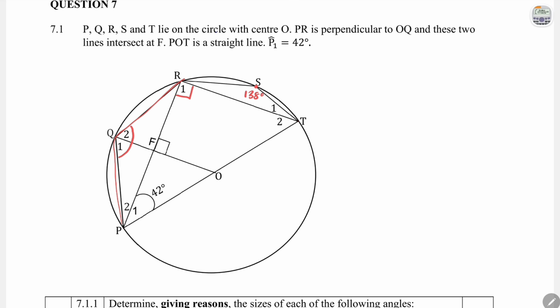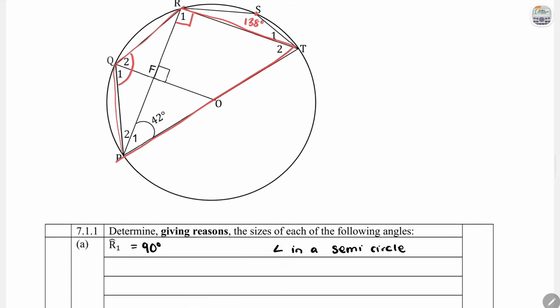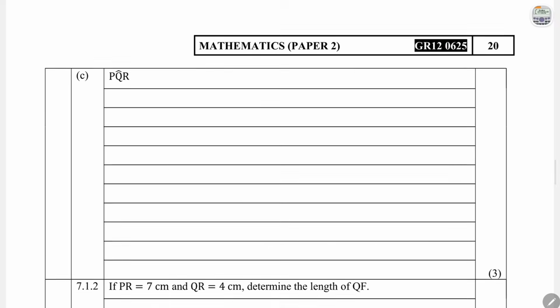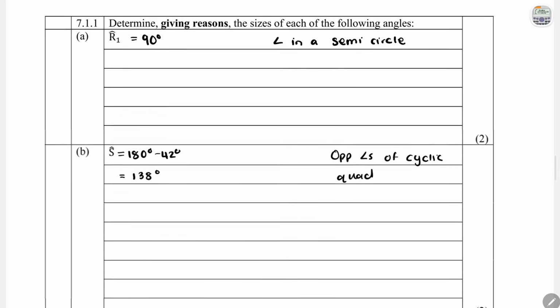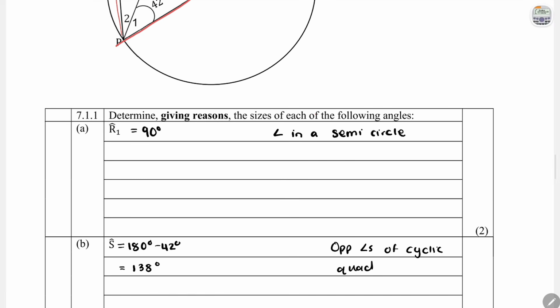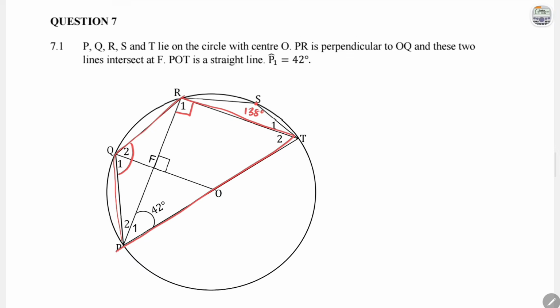So let us join 4 points. Okay, so here we can join till T and then to P. So we have a cyclic quad again. So in order to find angle Q, you can just check the mark allocation for this. This is 3 marks, okay? So it wouldn't be the same one-step process like the previous question.